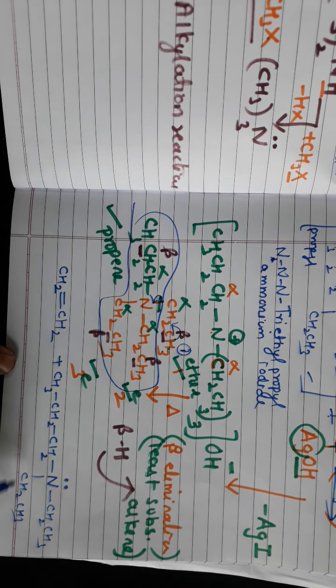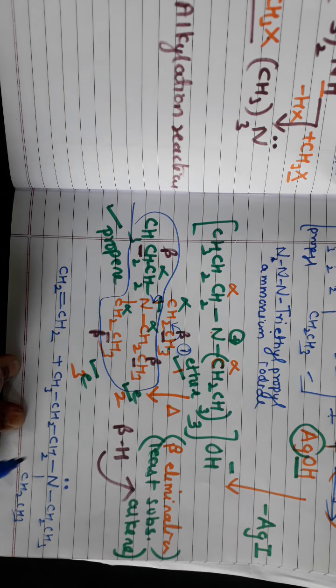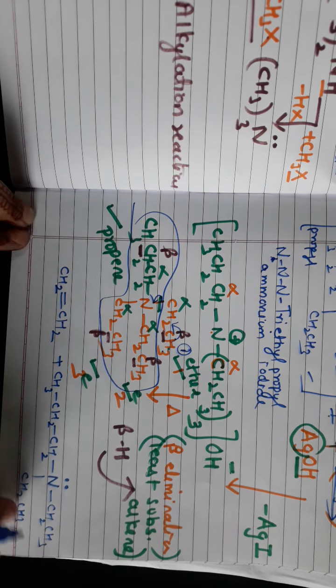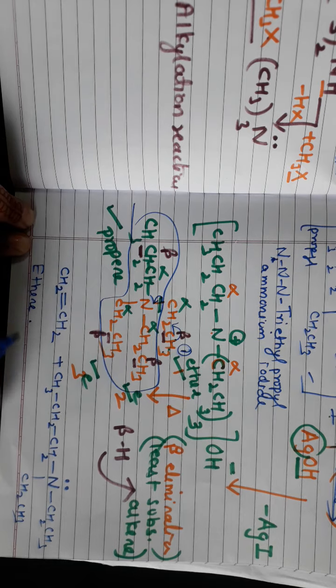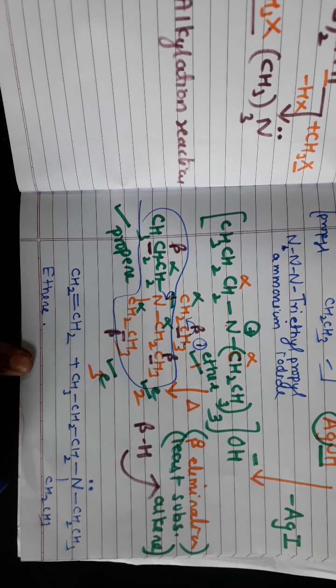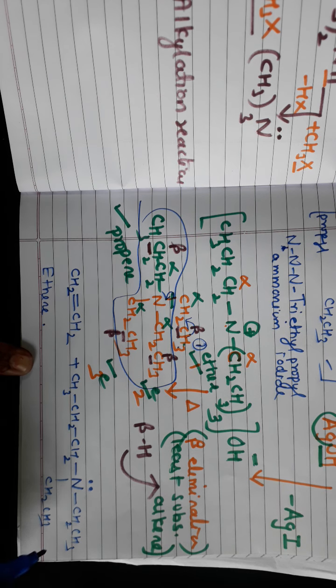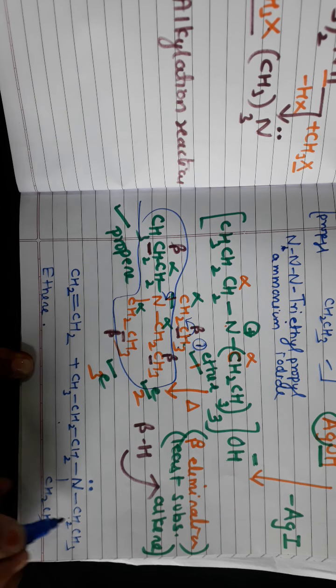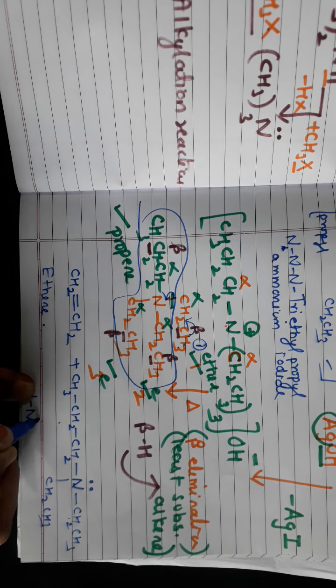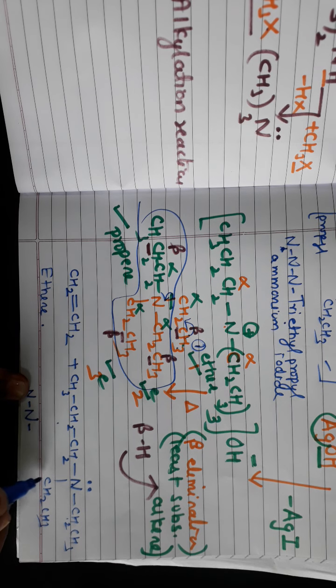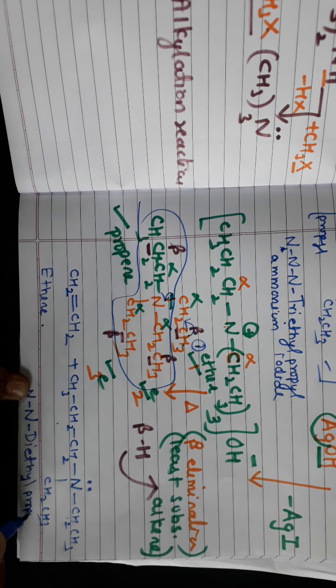So we are having a tertiary alkyl amine, and the least substituted alkene, that is ethene. And what will be the name of this? There are 3 alkyl groups, so I am going to write N,N-diethylpropylamine.